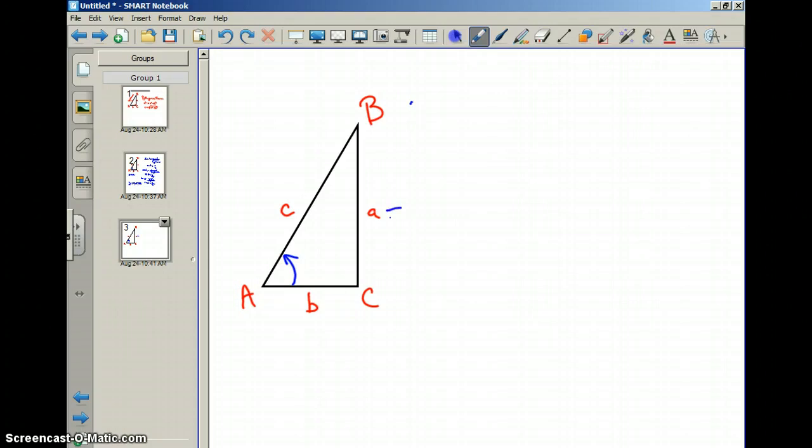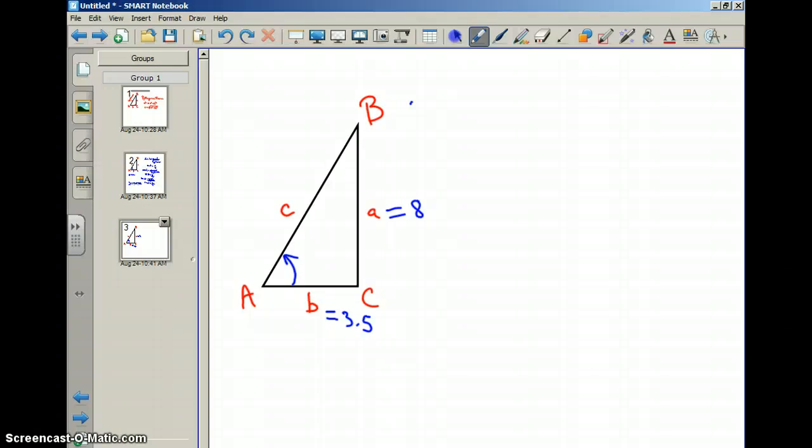So a equals 8. And perhaps side b is equal to 3.5. Now, I'm not measuring this to scale. I'm just labeling these with lengths that I've imagined, just for the purpose of illustration.